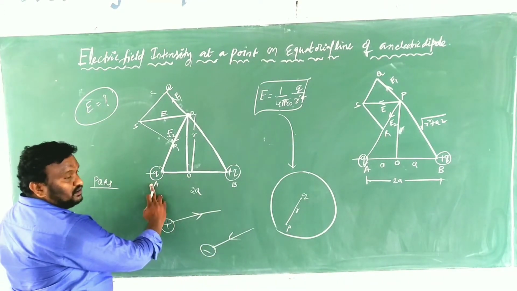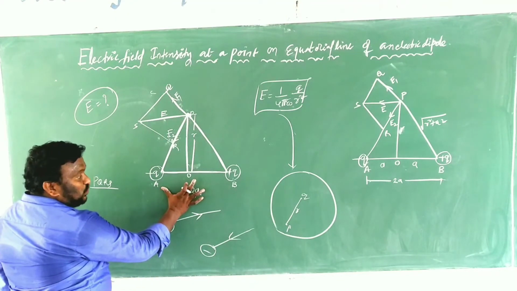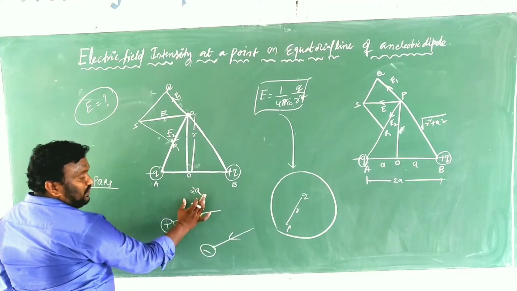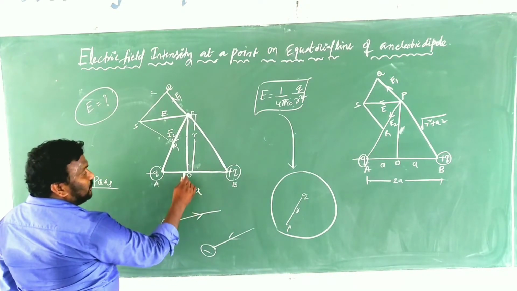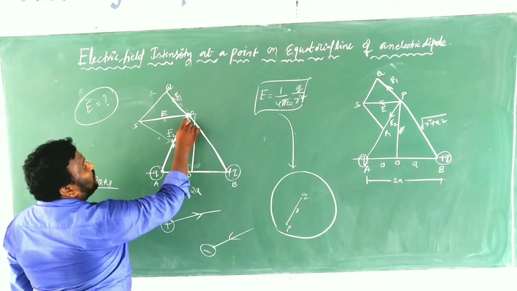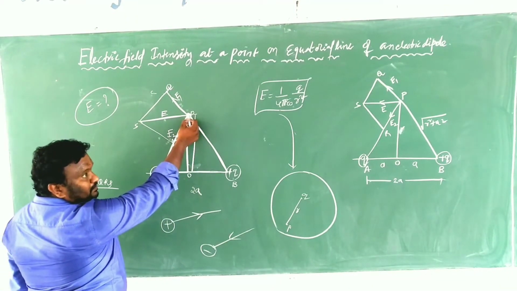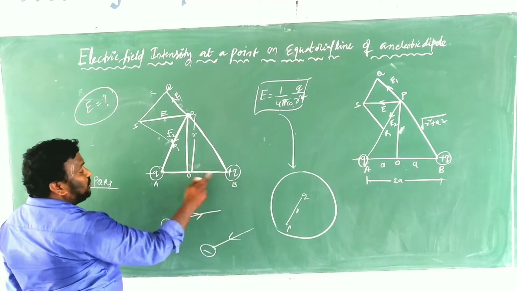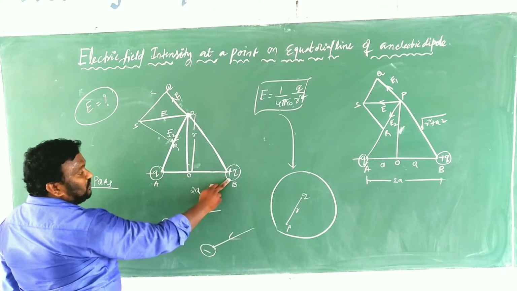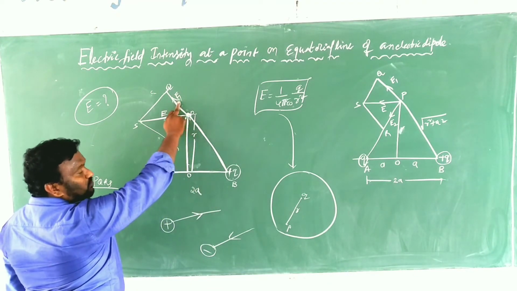We have taken a diagram here that consists of a dipole of length 2a with minus q and plus q, and after that we have selected one equatorial line. On that equatorial line we have selected one point P. At that point P there is some effect of plus q and minus q. So because of plus q, some electric field is acting at that point P, that is given by E1.